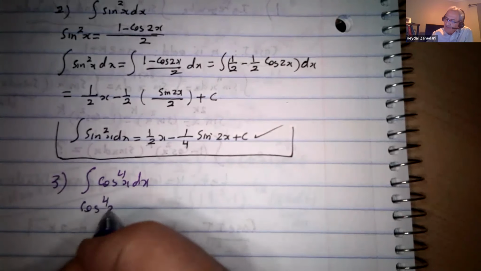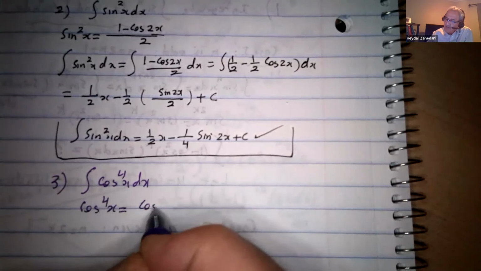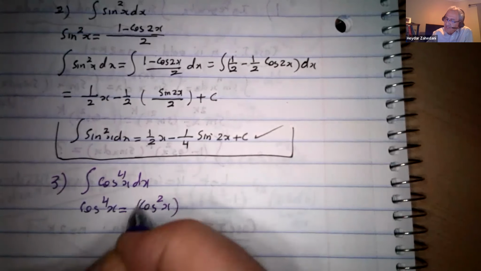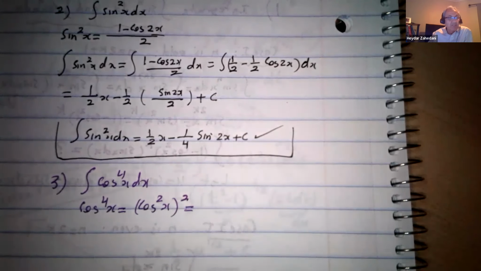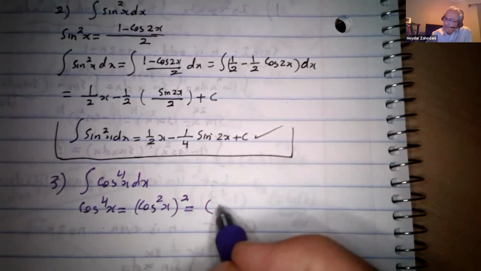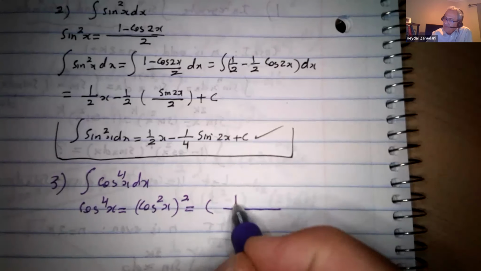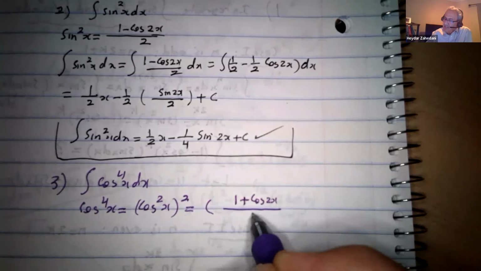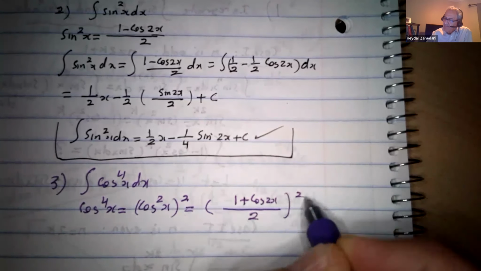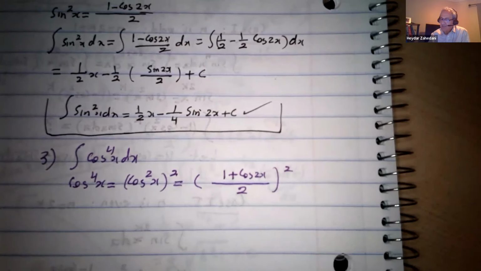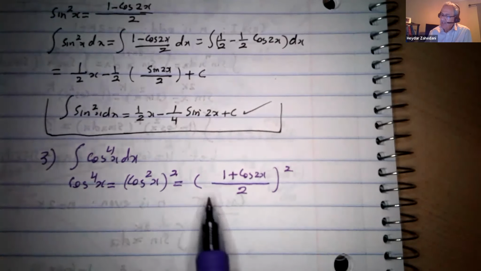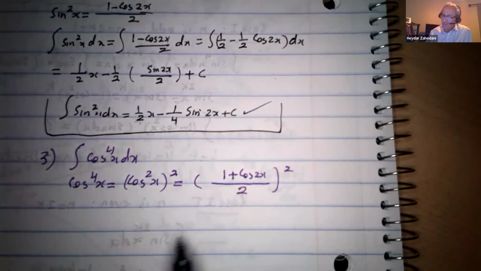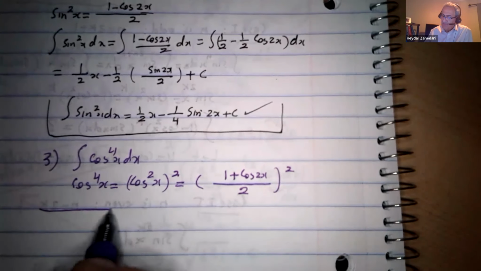Cosine to the fourth, we write down as cosine squared of x, all squared. Now we substitute. Cosine squared would be, by the double angle formula, 1 plus cosine of 2x over 2, all squared. You see, we reduce the power. You have seen these types of things in your pre-calculus classes. Now we square the top and the bottom. The bottom would be 4.